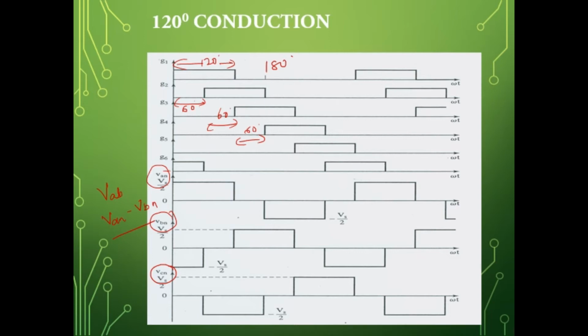We have 3 different modes of operation. If you observe from 0 to 60 degrees, transistor 1 and transistor 6 are conducting, so that is mode 1 operation. We have to see which terminal each is connected to.